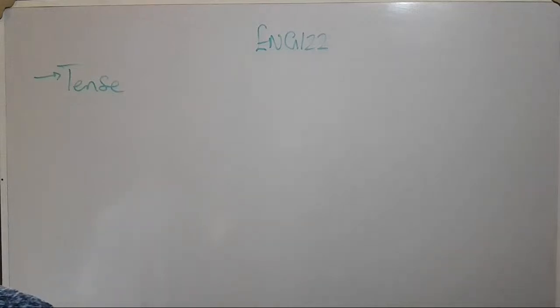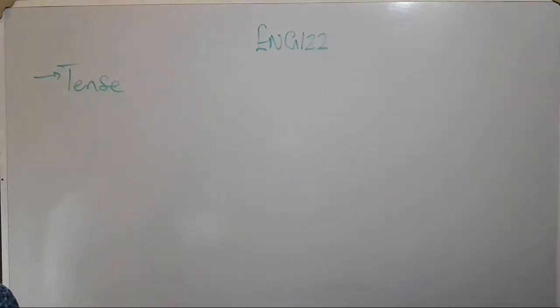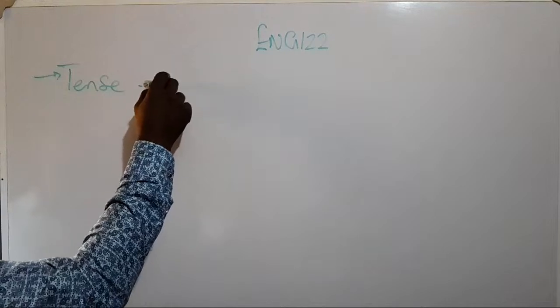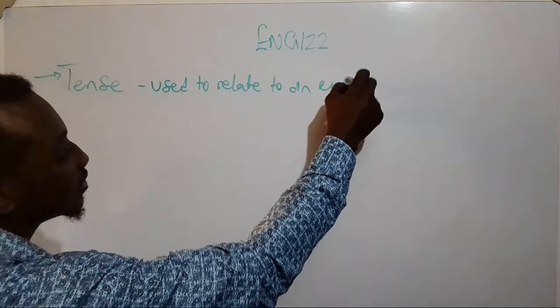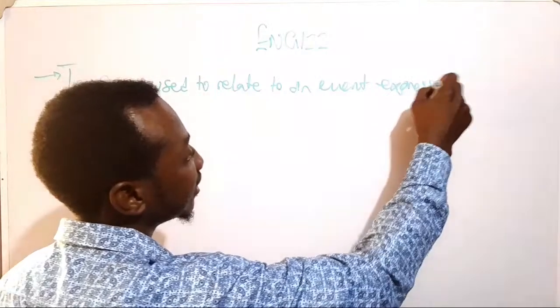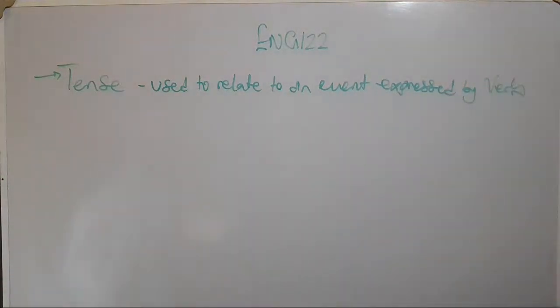Tense is used to relate to an event or happening expressed by a verb.